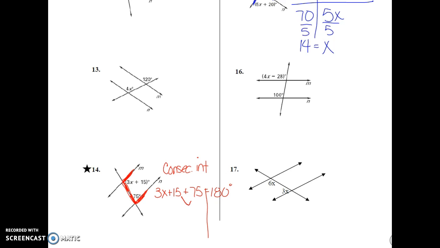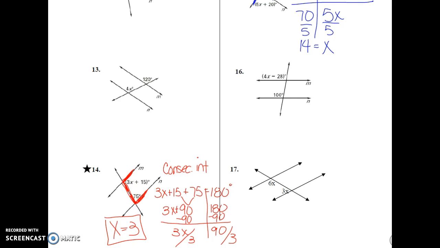Adding like terms, 75 and 15 is going to give me 90. So I have 3x plus 90 equals 180. And from there we start subtracting 90, and then dividing. And we get x equals 3. Because those angles were consecutive interiors, we added them to equal 180, solved the equation, got x equals 3, which will make M parallel to N.